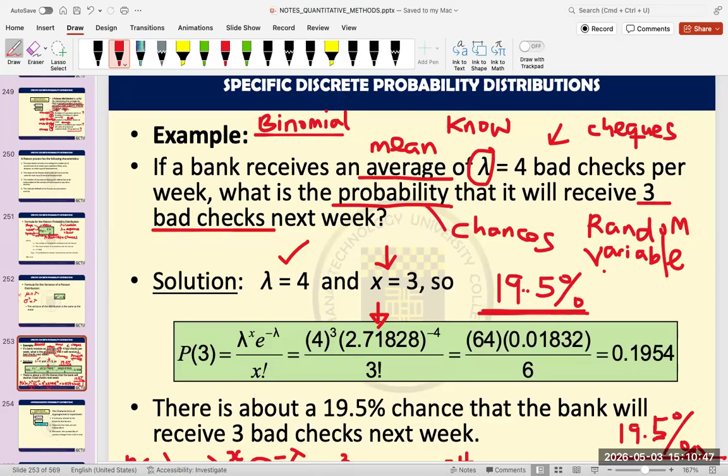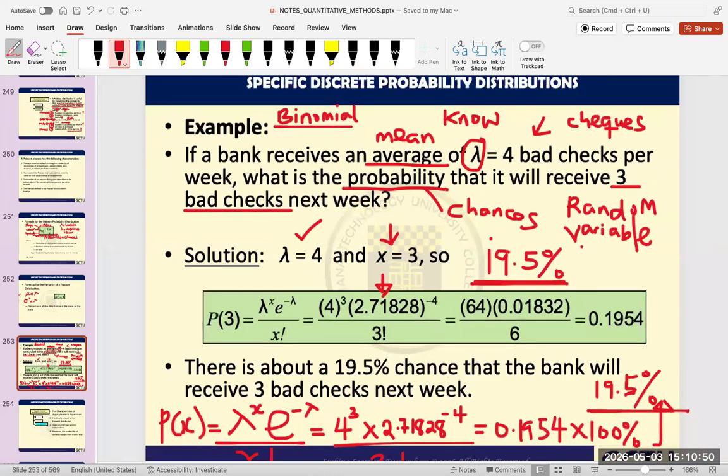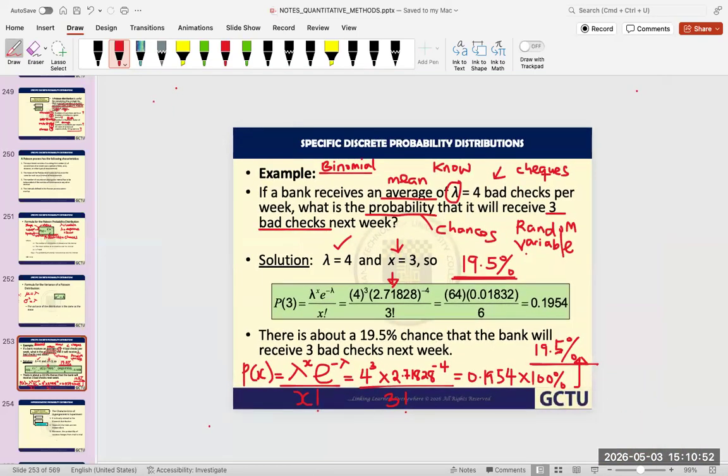If you are asked to find the mean, let's say there's a second question and you're asked to find the mean of the distribution, and then another question, you're asked to find the variance or standard deviation. The formulas are simple. Mean, we said mu is equal to lambda.